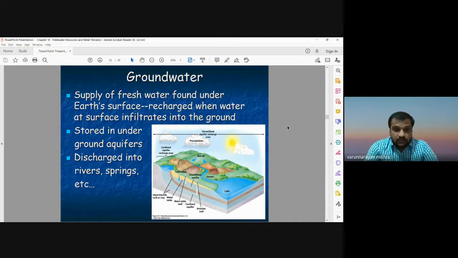That is responsible for the recharging of the underground water, which is stored in different aquifers and is again discharged into rivers, springs, etc. So surface water and groundwater both are very important, major sources of fresh water for different applications.